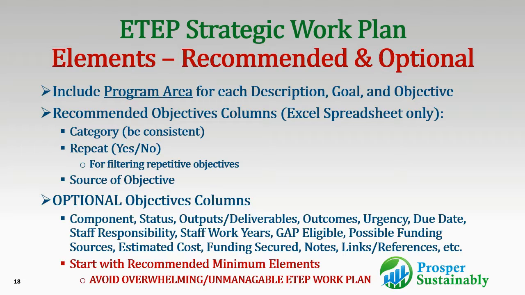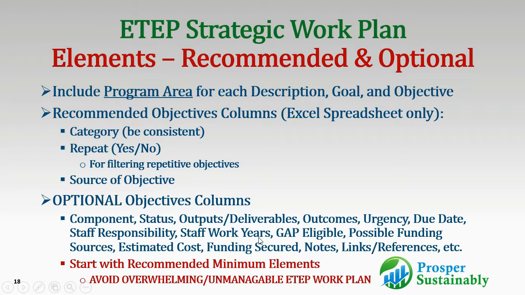But really the key here, and I'm going to reiterate this again, is just start with the minimum recommended elements. You want to have a plan that's manageable. If you include too much of this in your plan, it's going to seem overwhelming to even update and use. So you want to have the minimum of what's required. You don't need to have things like staff work year, staff responsibility, the specific due dates, and so forth in your plan.